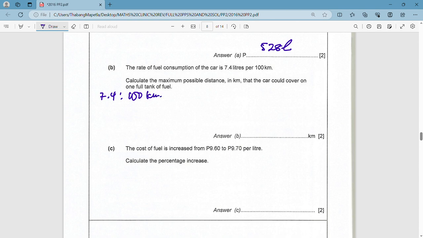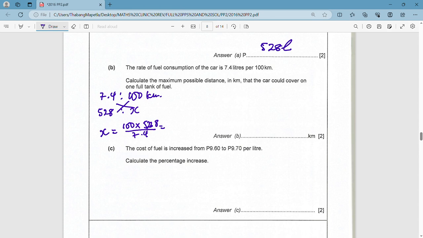We are looking for kilometers, so this is x, and this is how many liters? 528. Let me cross multiply because it's direct proportion. So x is equal to 100 times 528 divided by 7.4.